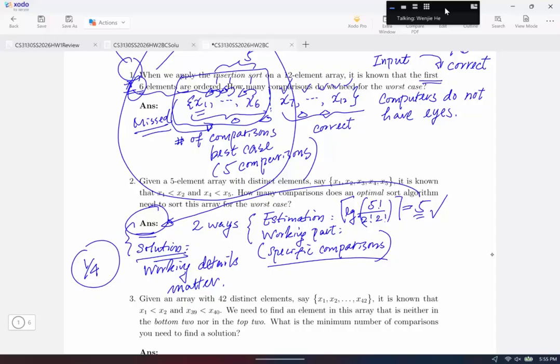So 3 points for the details, 1 point for the answer. So that's the difference. So for this one, actually this way, estimate, this way, not good for solution.